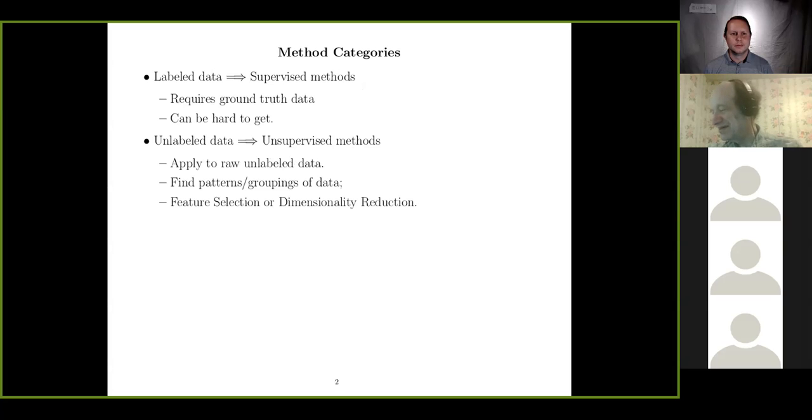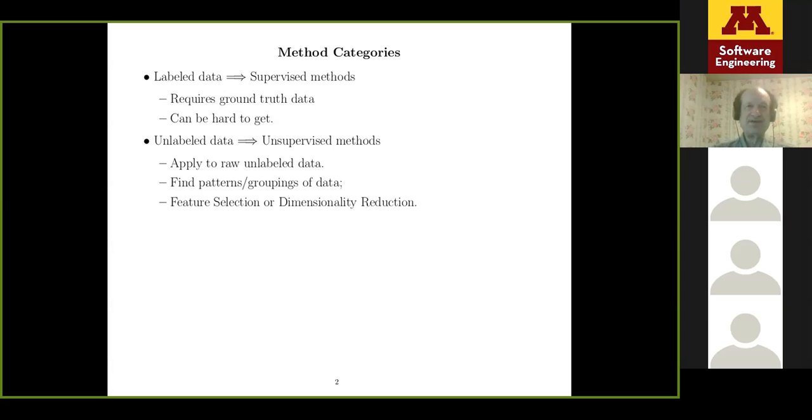Machine learning methods in general can be divided into supervised methods and unsupervised methods, depending on whether you have labeled data. So what you generally think of as machine learning involves labeled data. The standard process is that you're given a set of data with some ground truth labels.